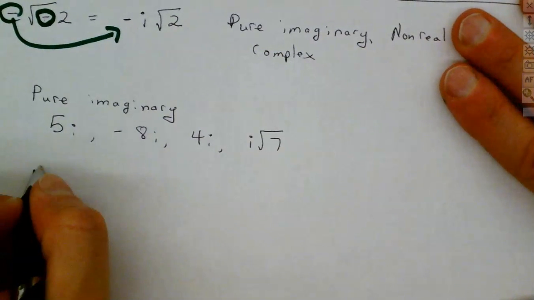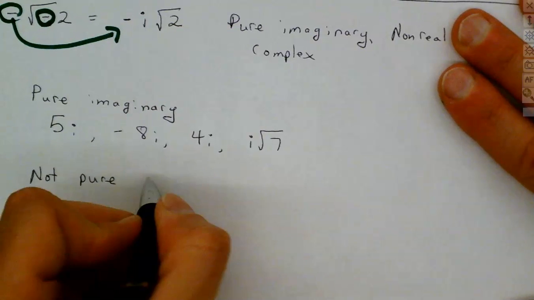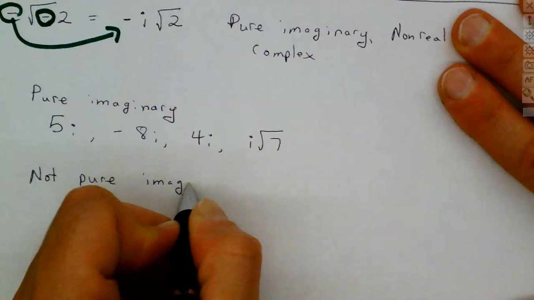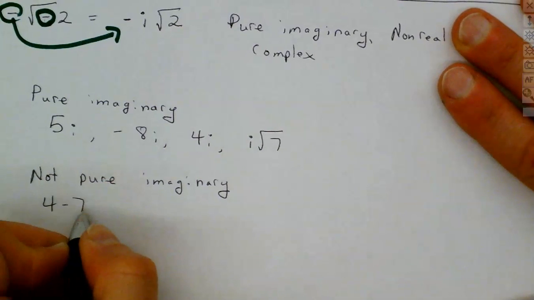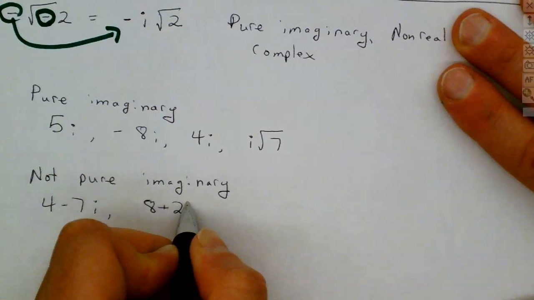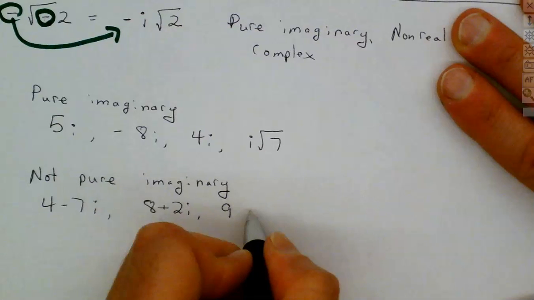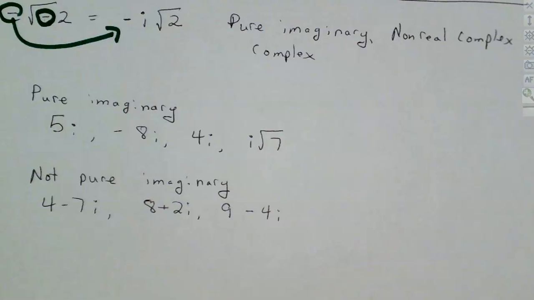These are not pure imaginary. 4 minus 7i, 8 plus 2i, 9 minus 4i. Those are not pure imaginary. All right, and they're not pure imaginary.